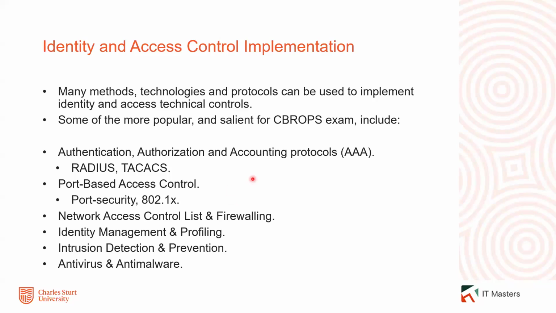Some of the more popular ones and the ones that are more salient for the Cisco CyberOPS exam include our AAA type services. So those services that will do authentication, authorization, and accounting. And as part of authentication, they also do identity because you need to provide a username, for example, to get in. A couple of examples of these are the RADIUS and TACACS protocols. TACACS being primarily Cisco proprietary, RADIUS being an open standard.